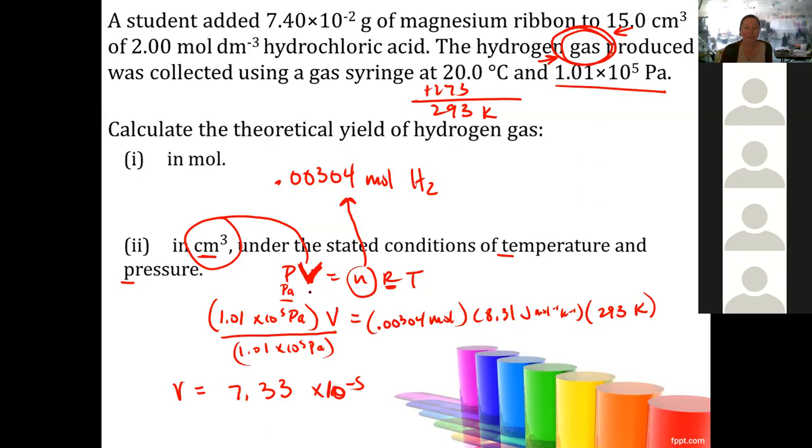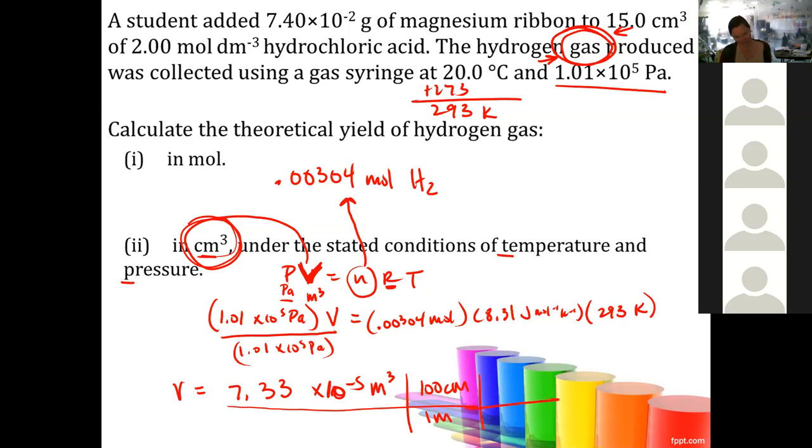It is cubic meters, exactly. So right now I have cubic meters. And so of course IB wants us to do some conversions to get to cubic centimeters. How many centimeters in a meter? 100. So I have 100 centimeters in 1 meter.